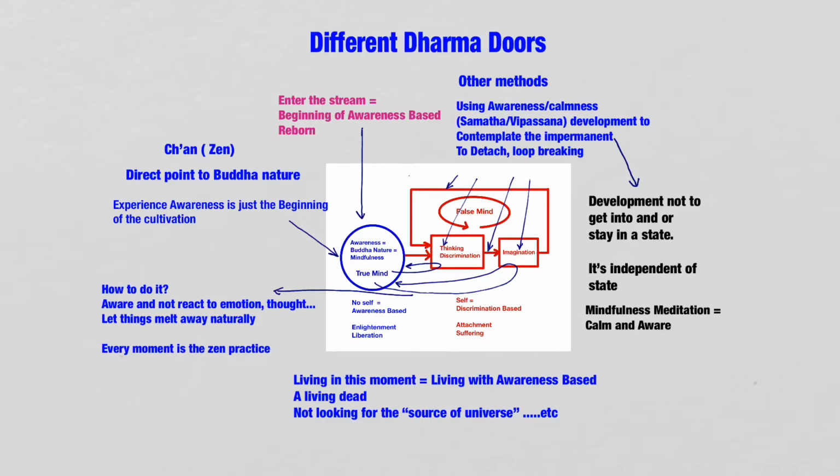Can you be aware that the air conditioning is cold? The cause is very cold weather here, or the temperature is cold. Can you be aware that the temperature is cold? That awareness. Okay, just that. So at that point, that is the Buddha nature. Then experience the awareness. Experiencing the awareness is the beginning of the cultivation. So, are you aware of your emotion, the rise of your emotion?